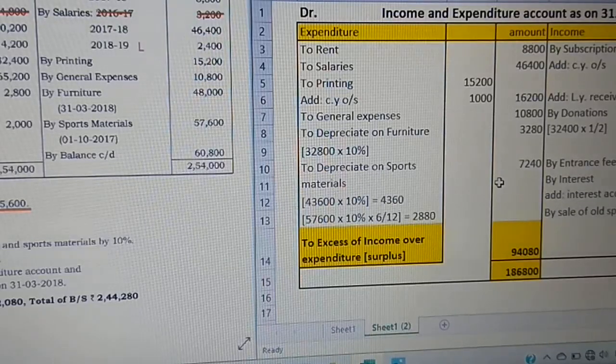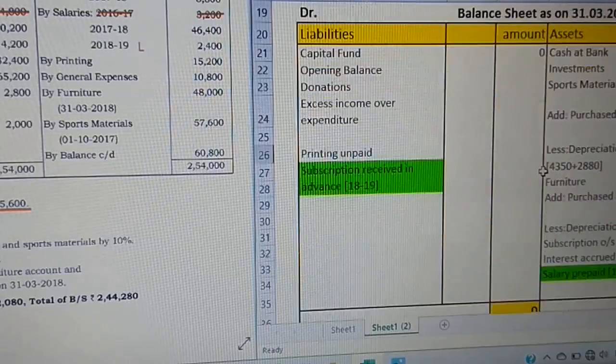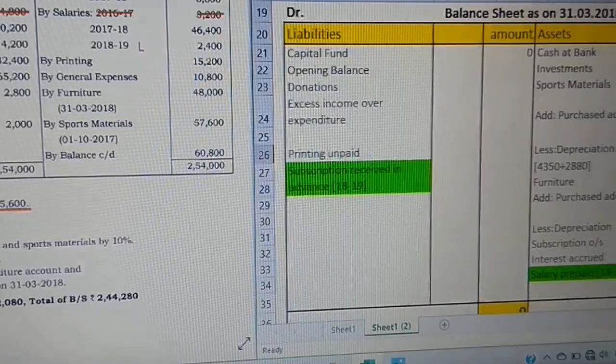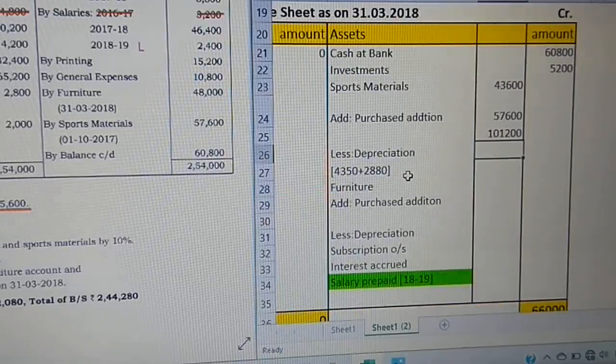So 7,240 is the value that I'm going to take. So I have already written here below under the depreciation.